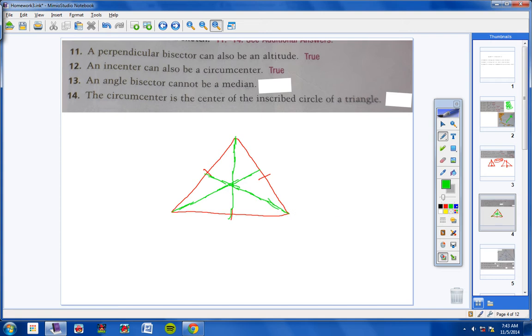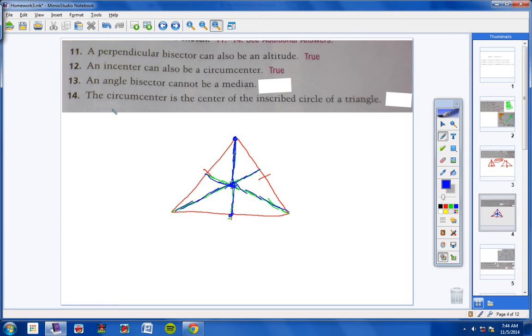Well, guys, these are your perpendicular bisectors. They would come straight down because in this triangle, this point here is right in the middle of this side here. It's straight up and down. So if I draw the perpendicular bisector, it would be right here. If I do the perpendicular bisector from here, it would be right here. And if I do the perpendicular bisector from here, it would be right here. So there we go. So all six of those lines intersect in the same place.